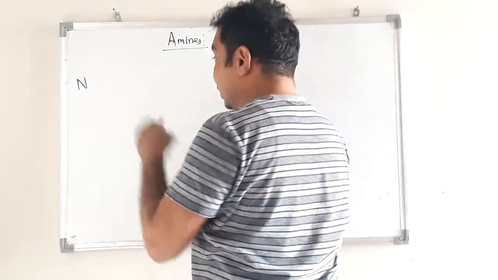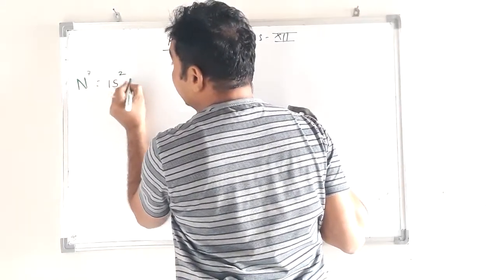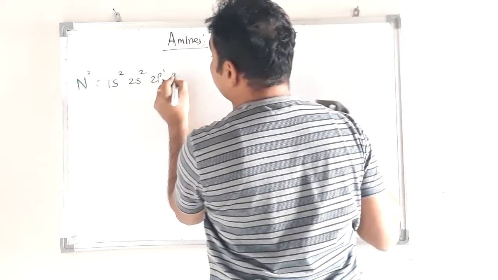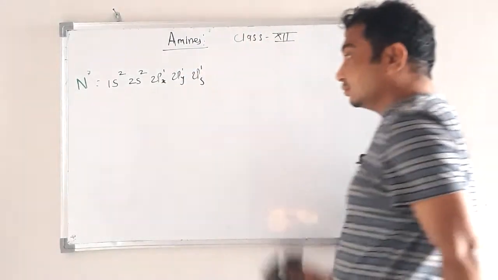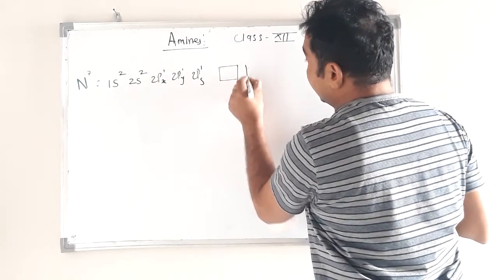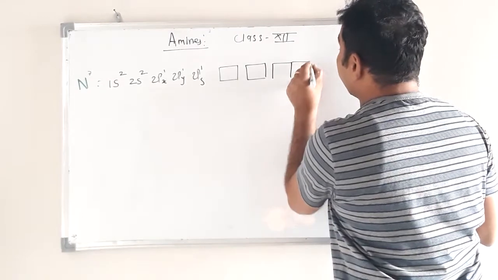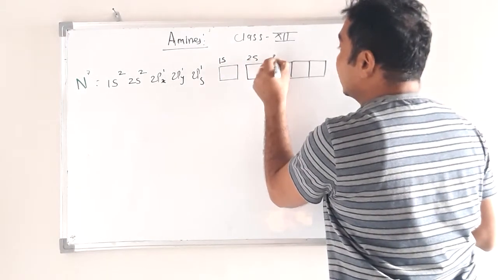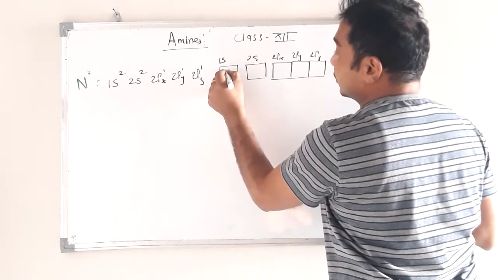Nitrogen has atomic number 7, electronic configuration 1s2, 2s2, 2px1, 2py1 and 2pz1. Here we have the 1s orbital, 2s orbital, 2px, 2py, 2pz.